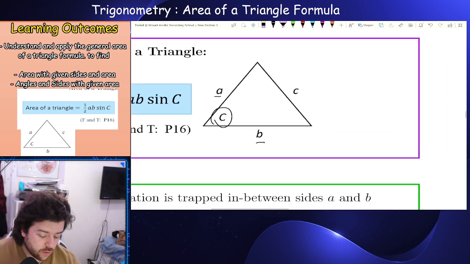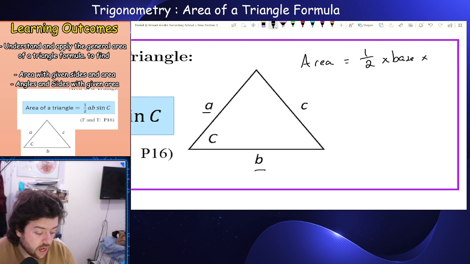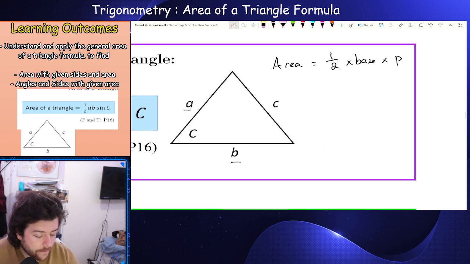So how do we derive this formula? If you recall, we know the area of a triangle is equal to a half the base times the perpendicular height.